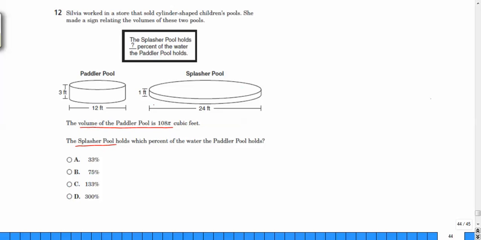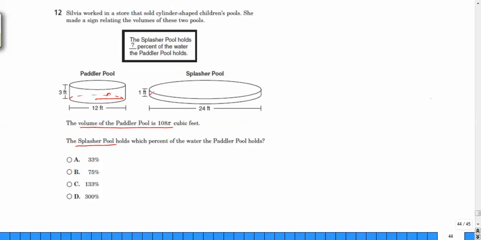How can you find the volume of this shape? What shape are the two pools? A cylinder, right? The volume of a cylinder will be given by the area of its base times its height. And for its base, because we're talking about a cylinder, you definitely have a circle with a radius.